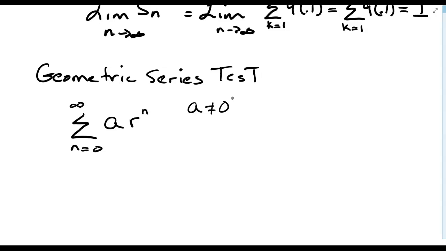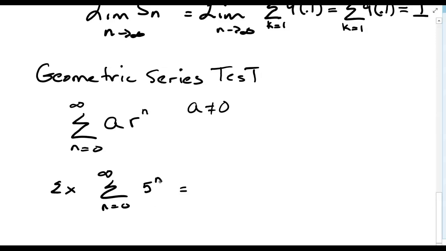So for example, we can have a very simple one, summation n equals 0 to infinity of 5 to the n. So my a is 1. My ratio is 5, and what does that series look like?